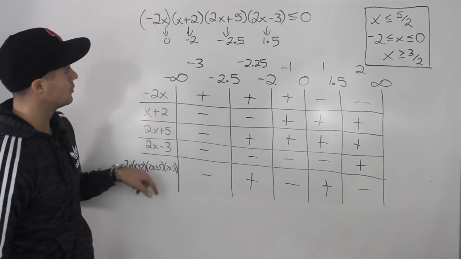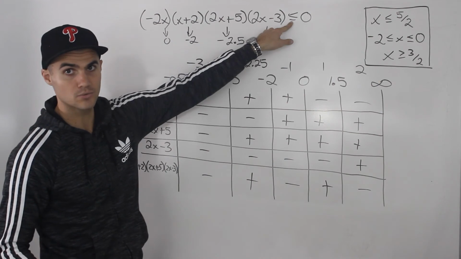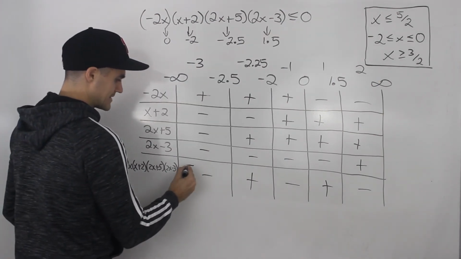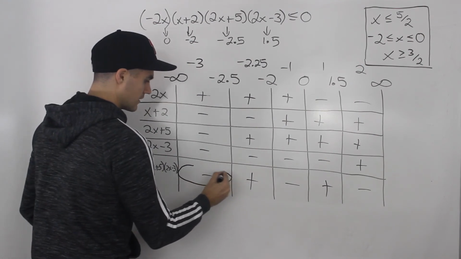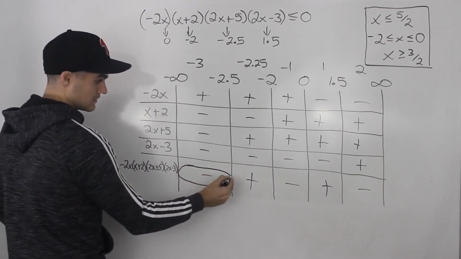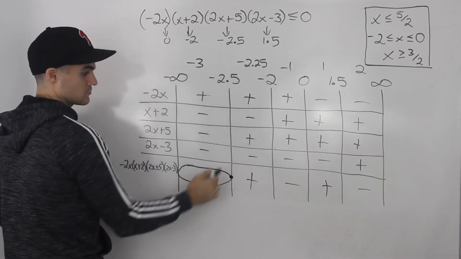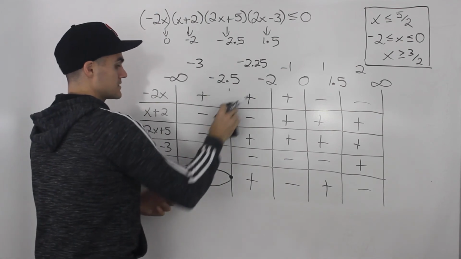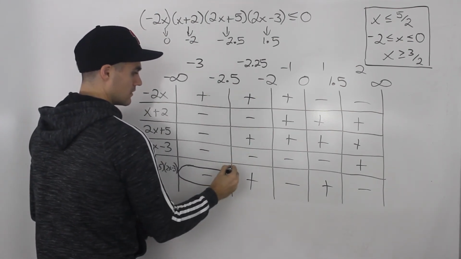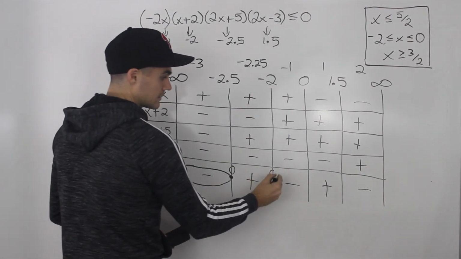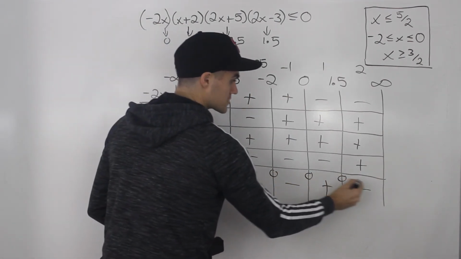So when is this polynomial function less than or equal to 0? Well, it's going to be less than or equal to 0 here, right, in between this interval and at -2.5, because at -2.5 the function is going to be 0. It's going to be 0 at each of those columns.